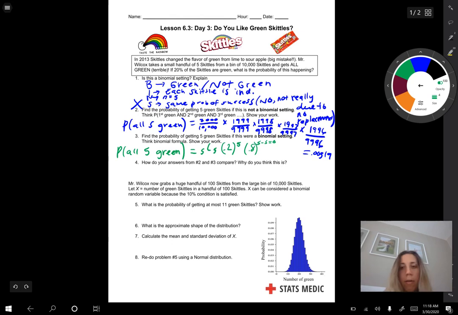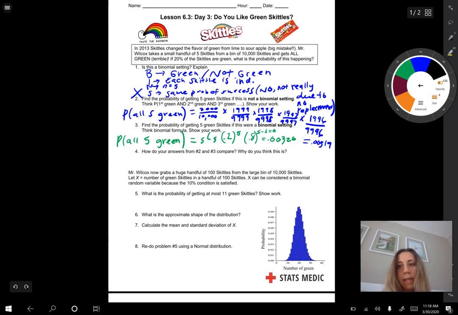And that would be 0.00320, which means your answers in 2 and 3 are really close. They're almost the same.